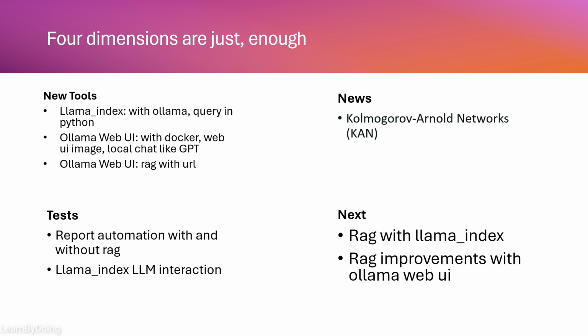Eventually, I also did one use case with LLaMA Web UI, which is a RAG with URL. My prompt was to ask the large language model to generate a GDPR risk mitigation suggestion report with a Wikipedia data source and legislative URL, and it actually queried this data source successfully.